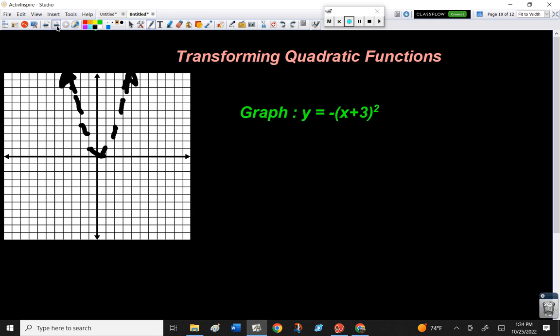Let's do this one right here. Pause the video, and then go ahead and give me the domain and the range. Here we go. Ladies and gentlemen, this graph not only does a flip, but it goes to the left 3. So let's go left 3, put a dot, and then we're going to flip it.